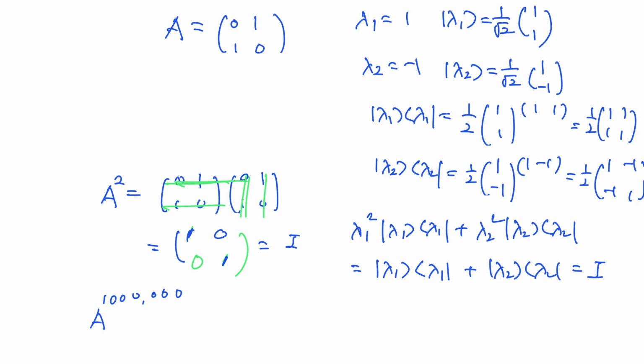Multiplication of A, 1 million times. It's not very difficult, right? It just takes time. So I think normally if you take A squared, it takes 1 second. So if you want to multiply a million times, how much time do you think it will take? 1 million seconds.